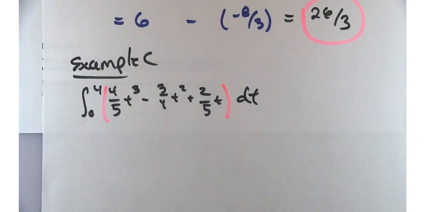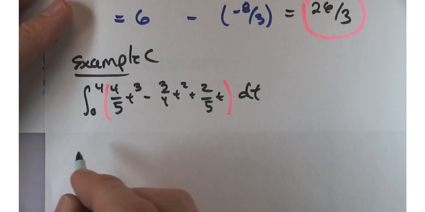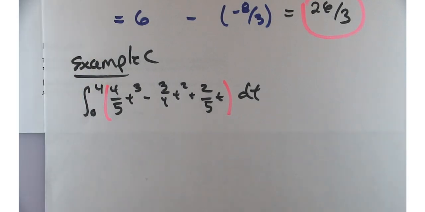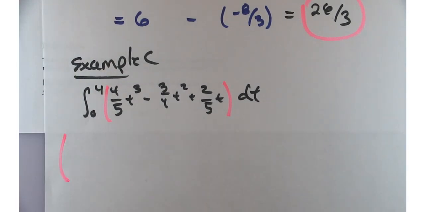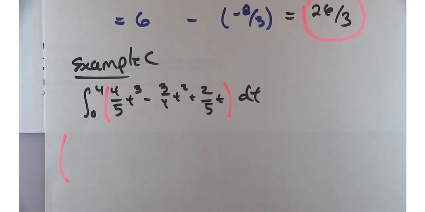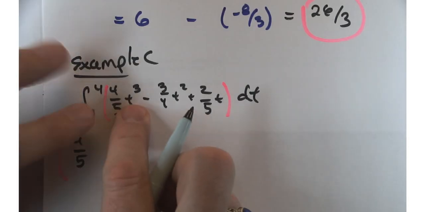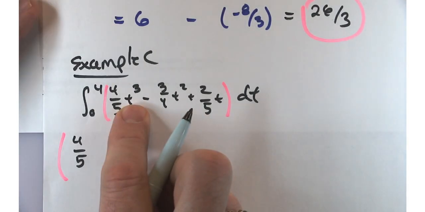When they get a little messier like this, my advice would be to not try and do everything at once. Try and find the antiderivative a little piece at a time. I'm not going to worry about the 4/5 just yet. Let's just focus on the antiderivative of t cubed.